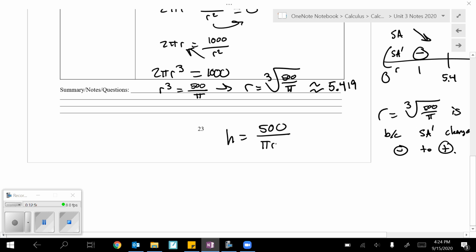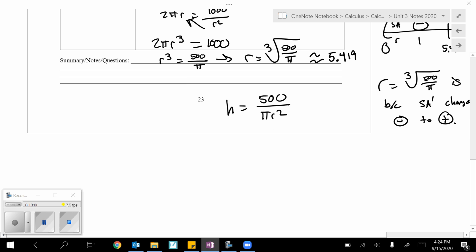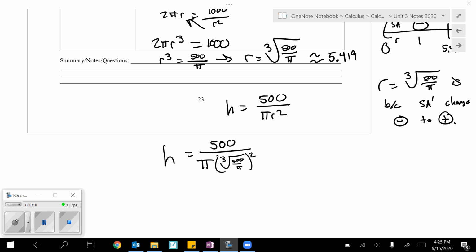Let's plug in our answer. So that would mean our height would be 500 over pi times the cube root of 500 over pi, squared. Oh my. But it actually cleans up pretty nicely.